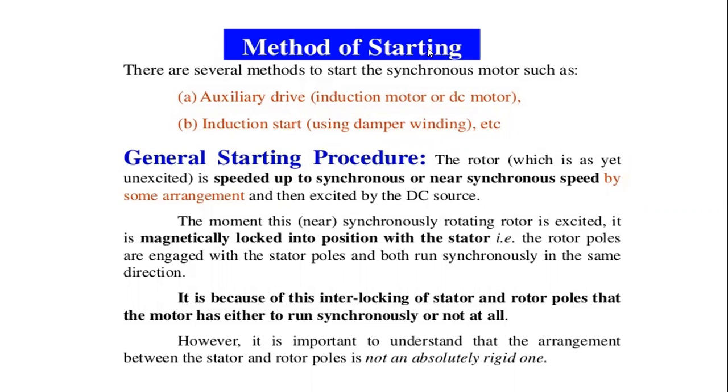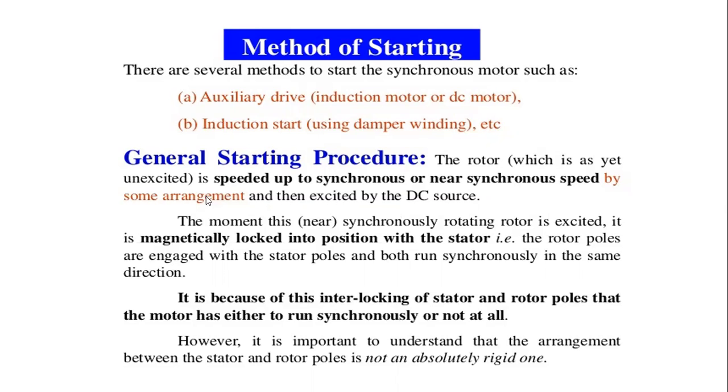That's why we are using separate methods to start the motor. The first one is the auxiliary drive, that means using an induction motor or a DC motor to start the synchronous motor, or by using the damper windings we start the synchronous motor.